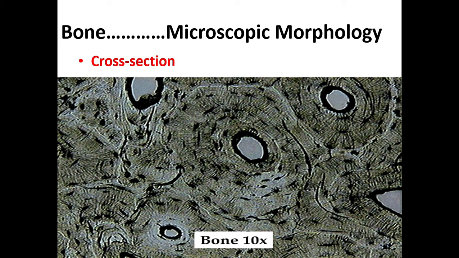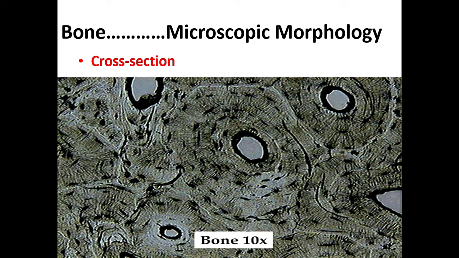No, the sixth one on the lower side, we can only see the part of the Haversian canal. So each concentric arrangement, several of them, we can count 1, 2, 3, 4. Maybe an osteon may have 4 to 5 concentric layers or lamellae.